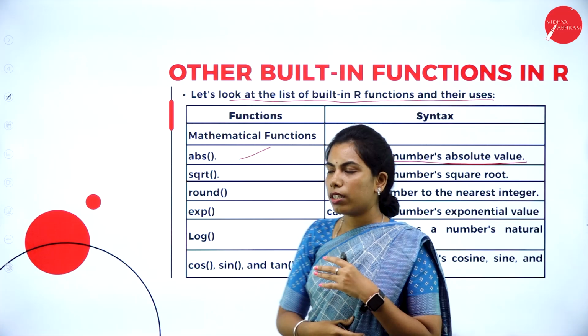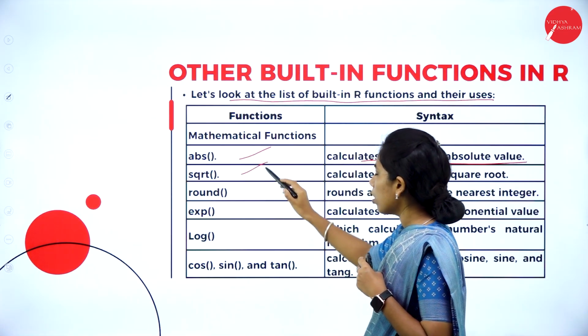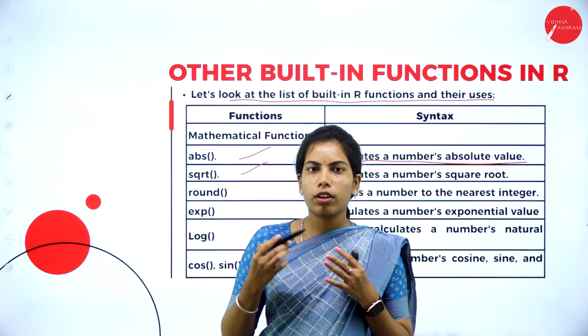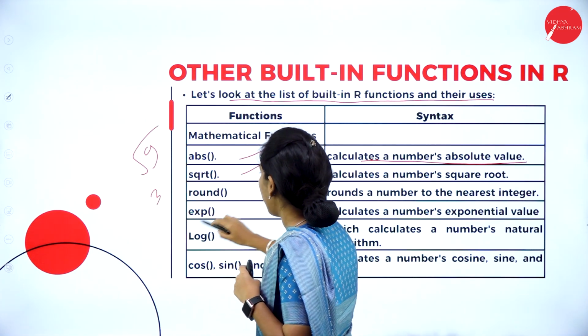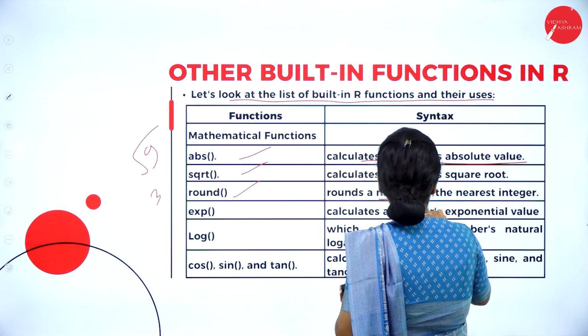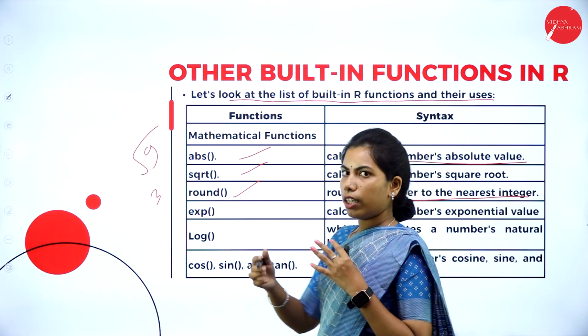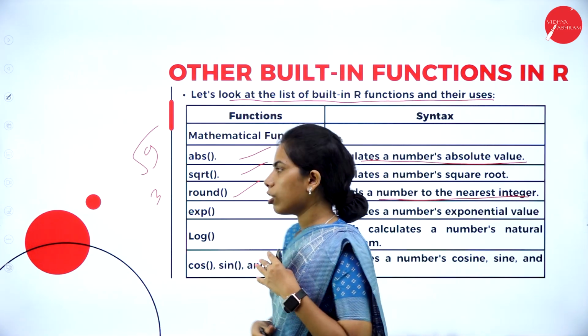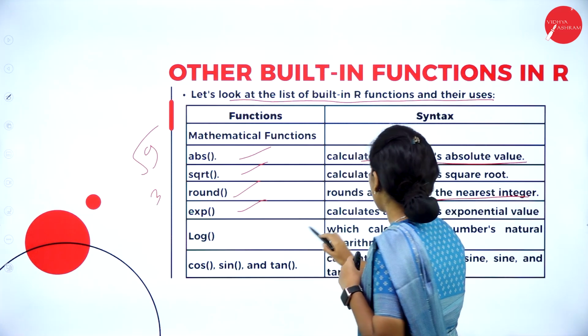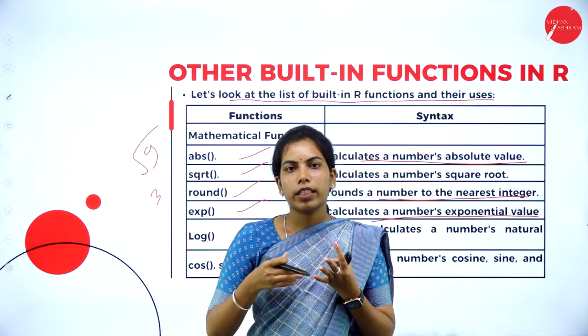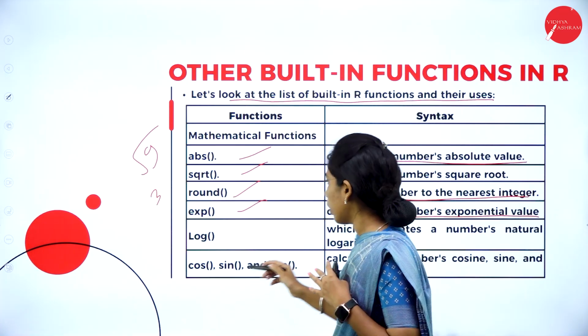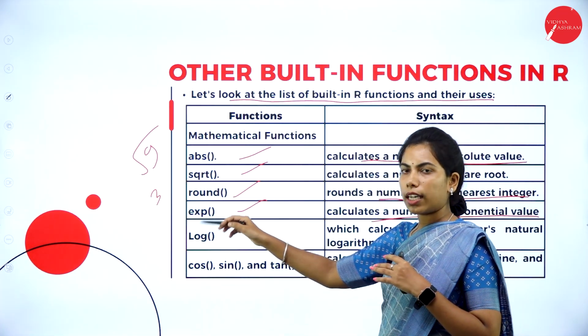That is also a built-in function. Square root: if I want to find the square root of a number like 9, I get 3. Round rounds a number to the nearest integer. And exponential calculates the exponential of a number; for that you use exp.